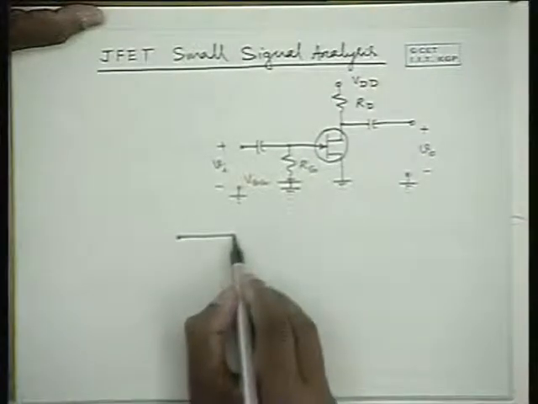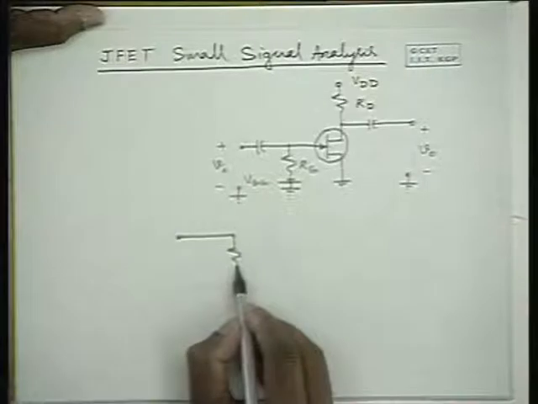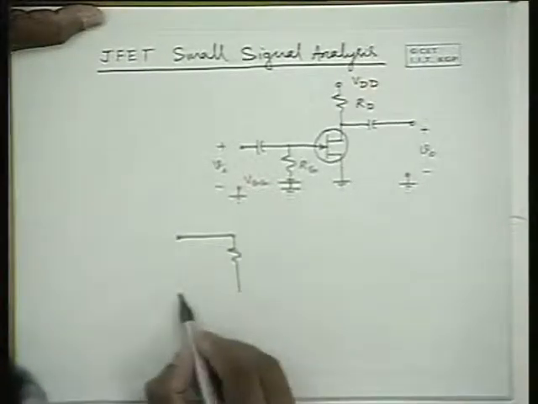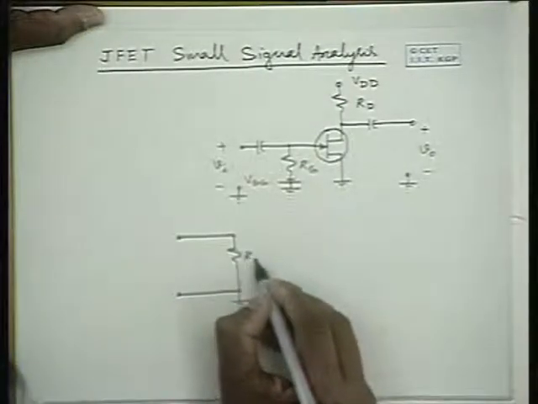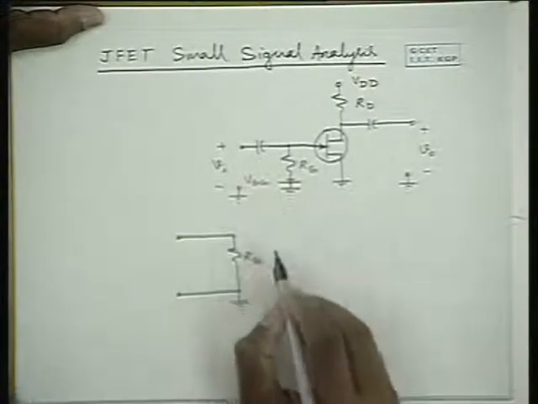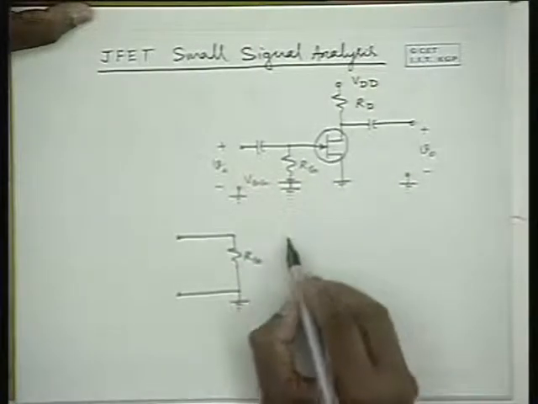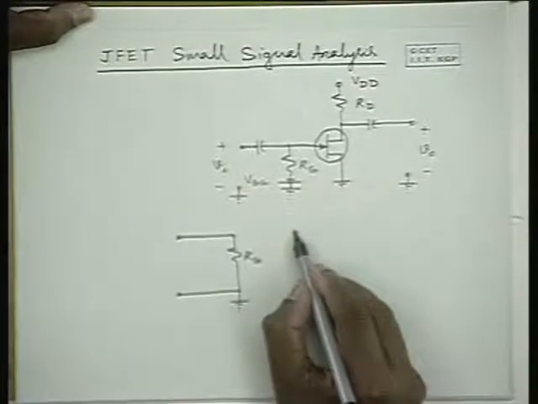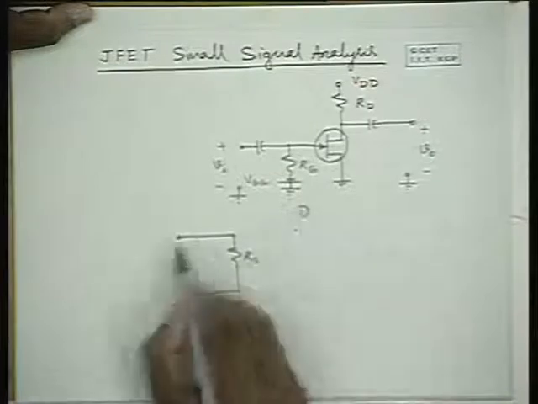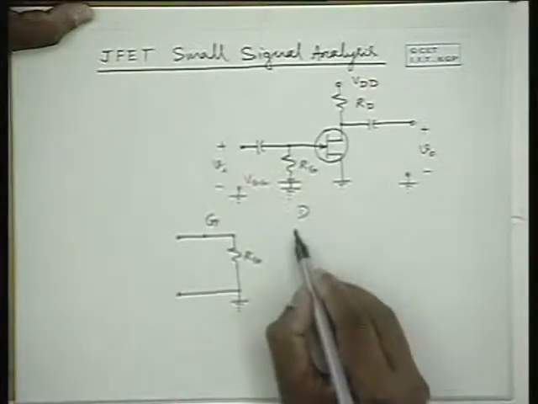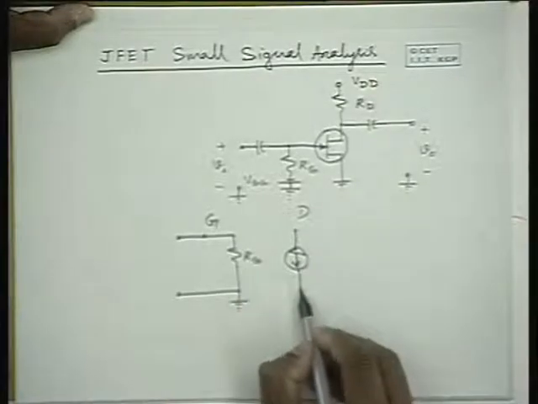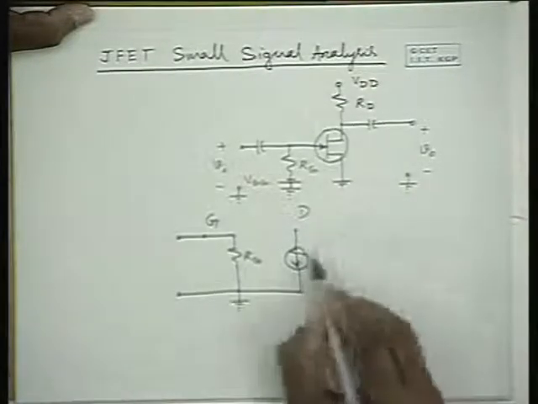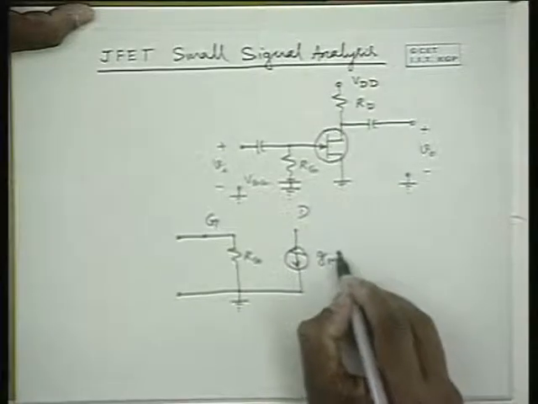So with the coupling capacitor acting as a short circuit, and with RG and VGG acting as a short circuit, on the input side the circuit is like this, where this is RG, and between the drain and the source you have the current source. This is gm VGS.